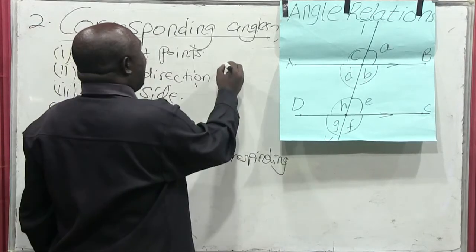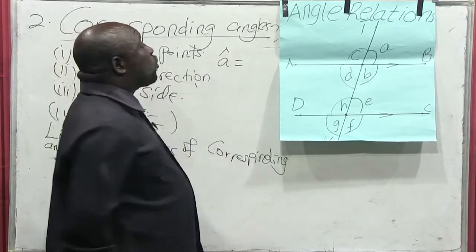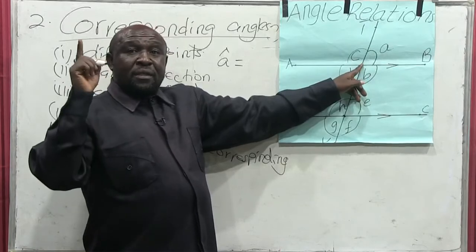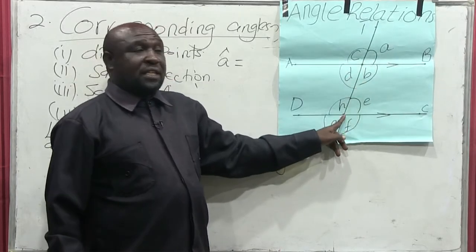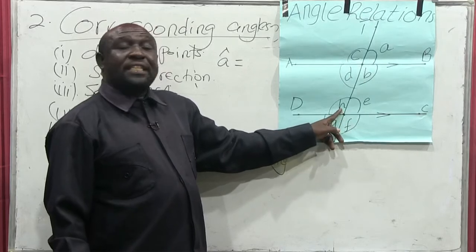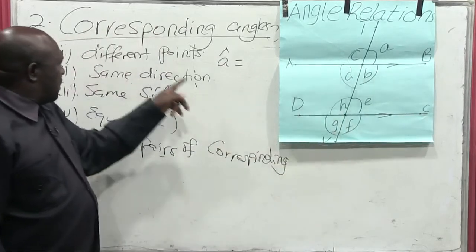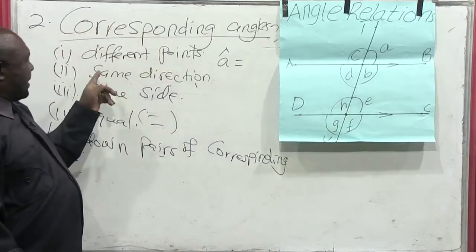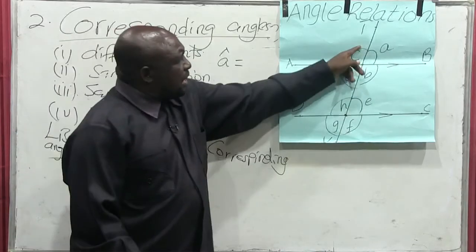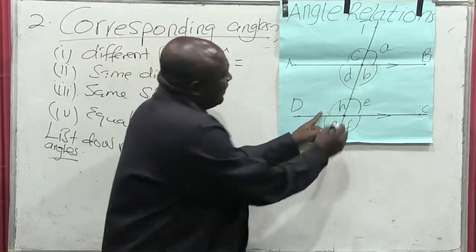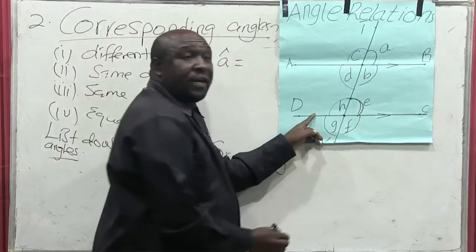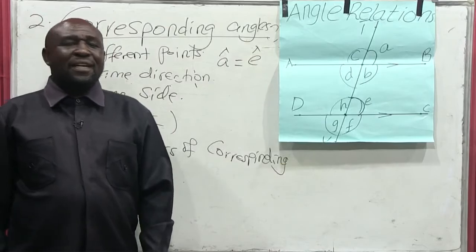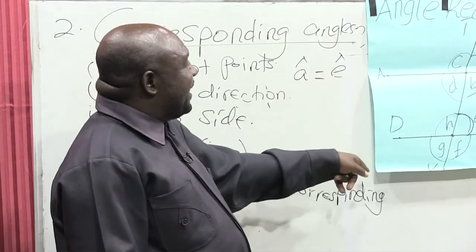We say angle A equals to, should be at that particular point. Is it equal to angle H? No. Different point? Yes, should be here, but same direction. Angle A is in the same direction with the angle E. Very good. A equal to E.